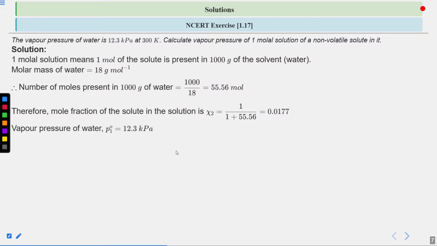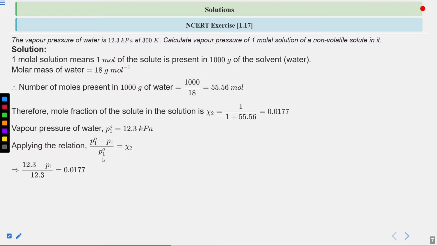Now coming to the given data of water, which is vapor pressure, it is 12.3 kilopascal. So it is for pure water. We know this relation: P1 naught minus P1 by P1 naught is equal to chi 2. So this is the relative lowering of vapor pressure.